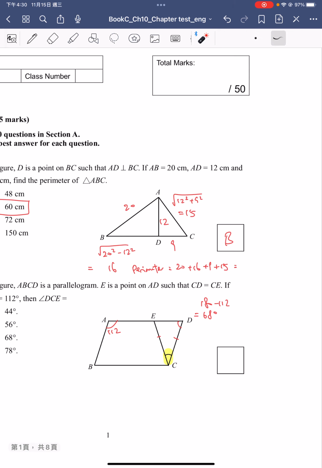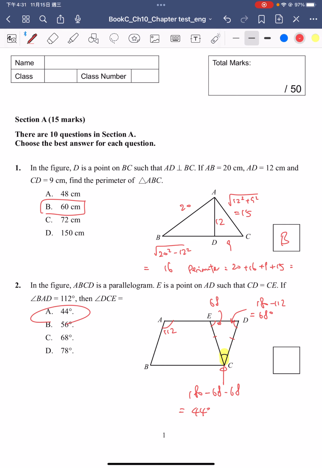And because this is an isosceles triangle, the base angles are the same, so this angle is equal to 68 as well. So now we can use the angle sum of a triangle by calculating 180 minus 68 minus 68. Then you have the answer of 44 degrees. So the answer will be A.